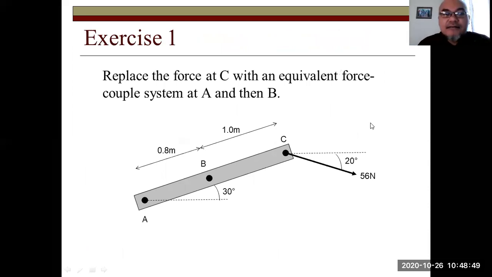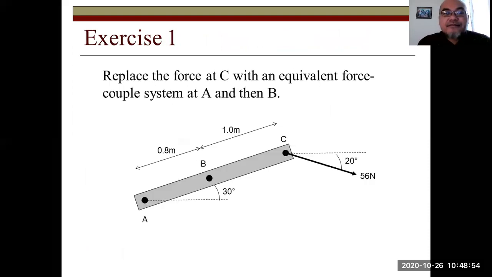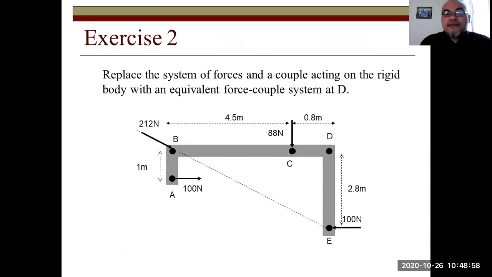Exercise 1, 2. Yeah, there are 2 exercises. Let's do exercise 2 instead. Replace the system of forces and a couple acting on the rigid body with an equivalent force couple system at D. So here we have how many forces?